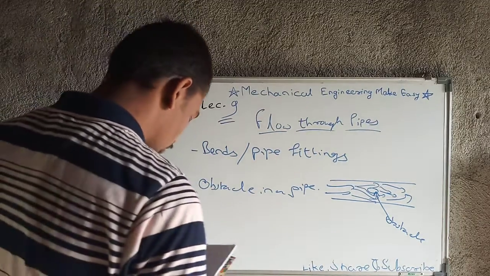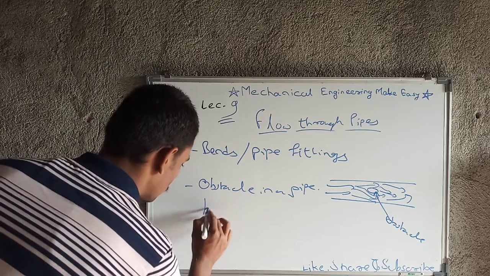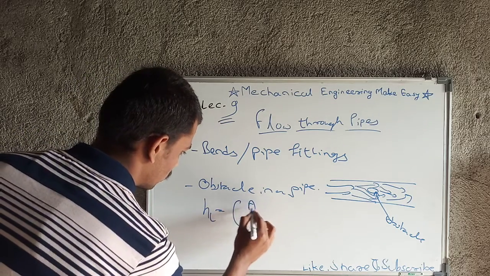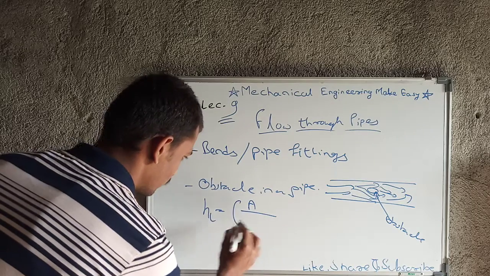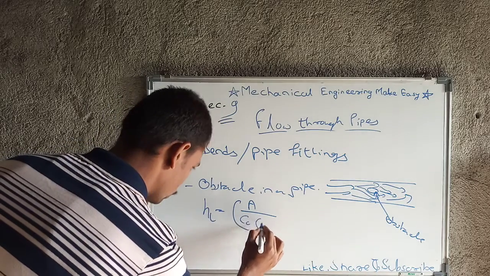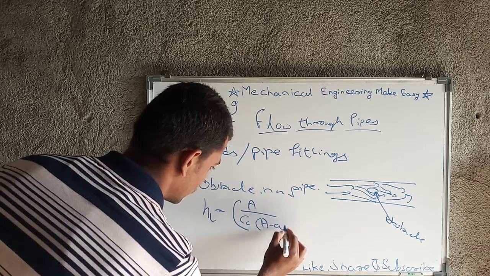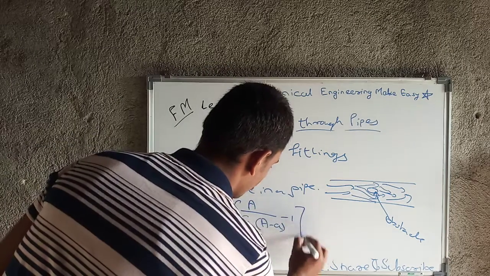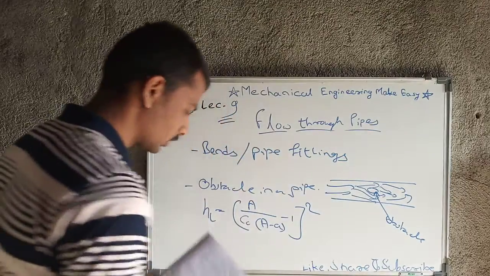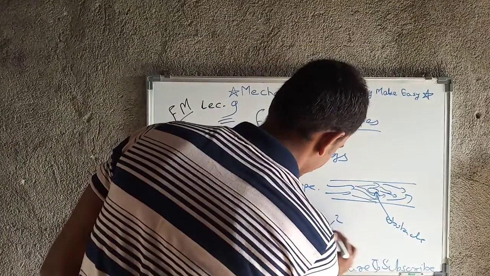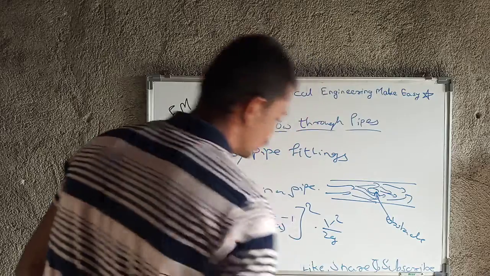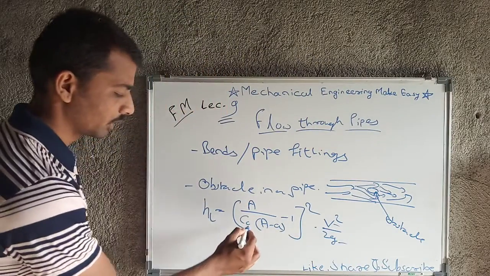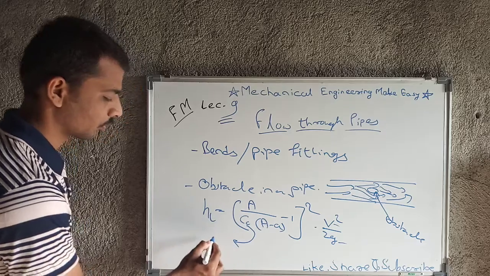So what's the value of that head loss? HL is equal to, in brackets, capital A upon CC into A minus a, whole minus 1, whole square, into V square upon 2G. You know all the parameters like V and G, and you know CC, that is the coefficient of contraction.